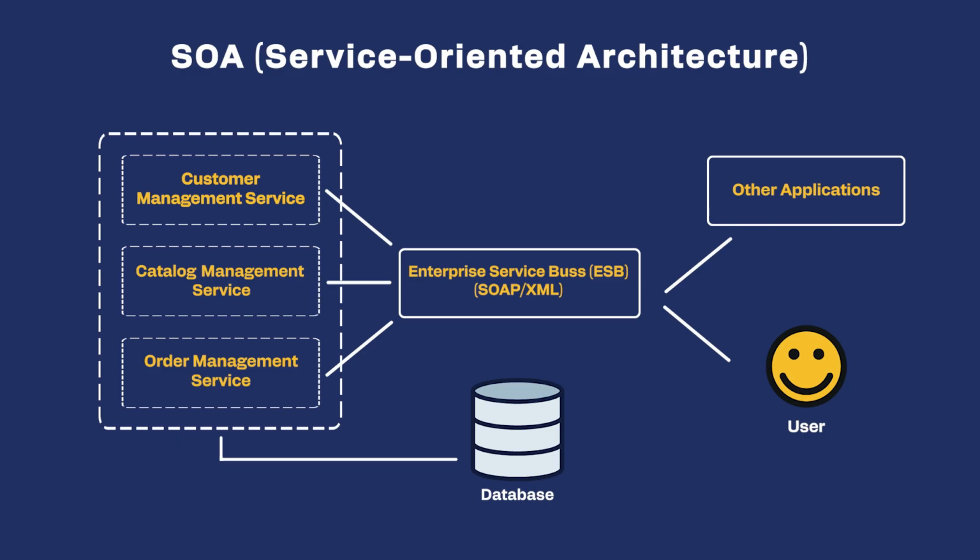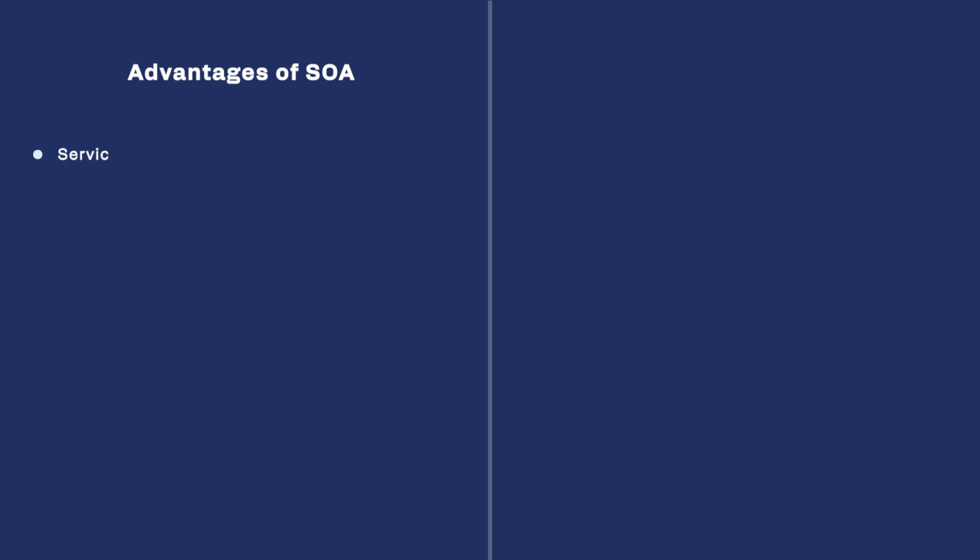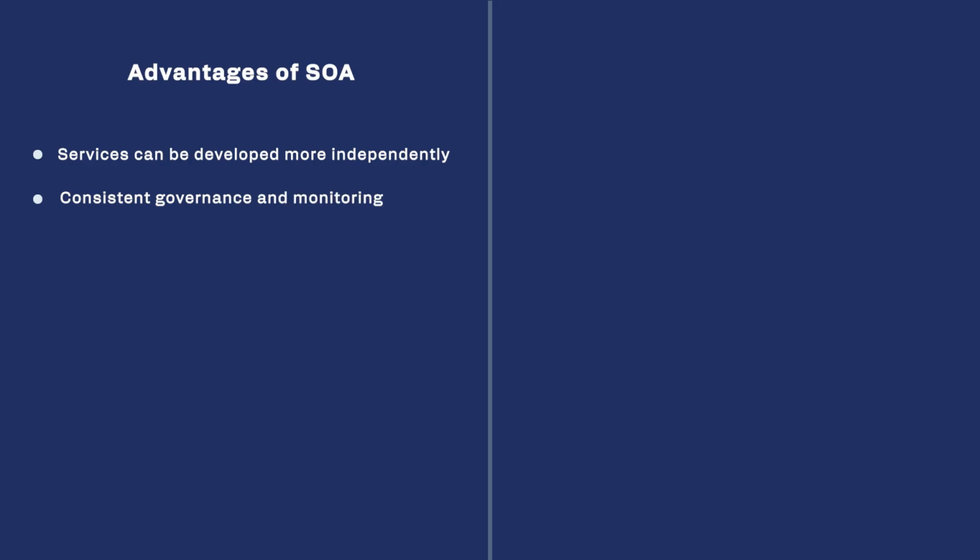The advantages of SOA are that services can be developed more independently than in a monolith. Centralized control through the ESB allows for consistent governance and monitoring. The disadvantages of SOA are that the ESB becomes a single point of failure. If it goes down, everything is affected.